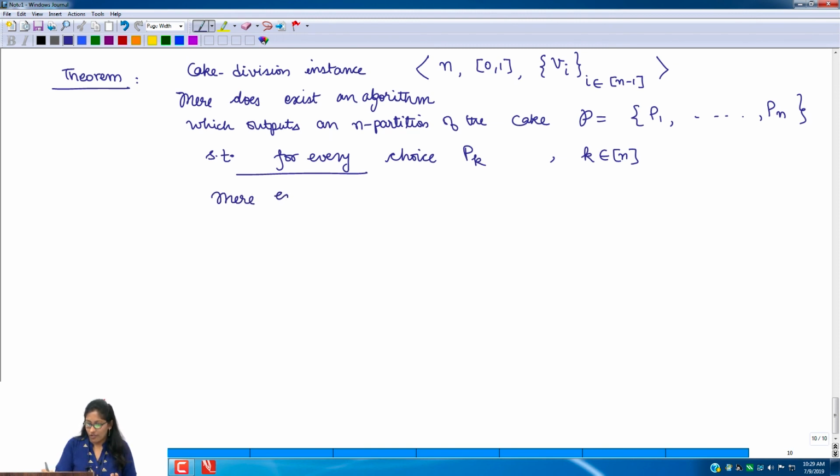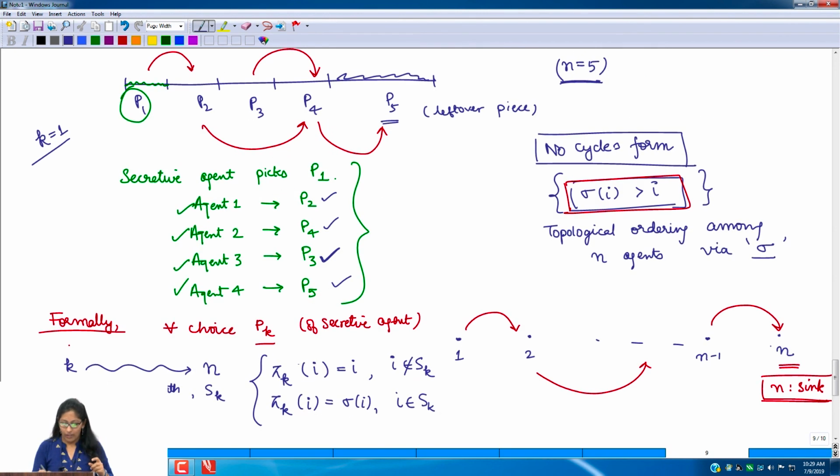there exists a bijection, and bijection is nothing but the one which I just wrote here, this pi k, right? And we constructed this bijection using the backup scheme sigma.